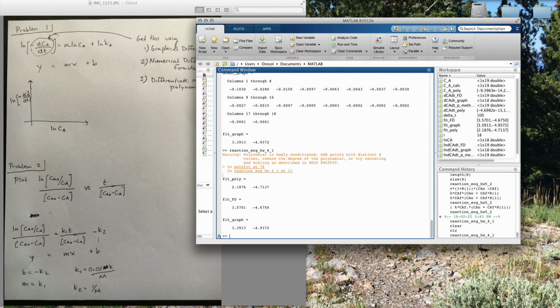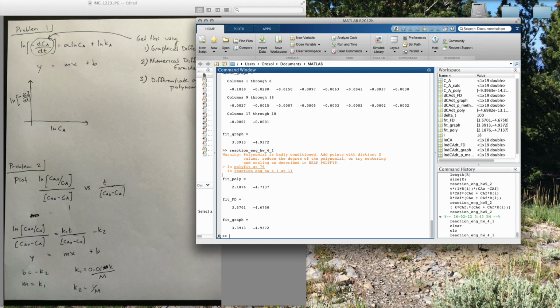The way you know if your rate was correct is when you plot this, it should be a straight line, and if it's not, then you know that the rate order you guessed was wrong, so then you have to try another one. That's why I'm not sure I would use this method if I didn't know the order of the rate.